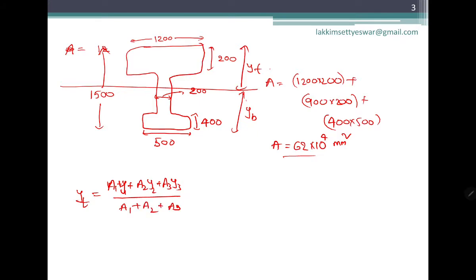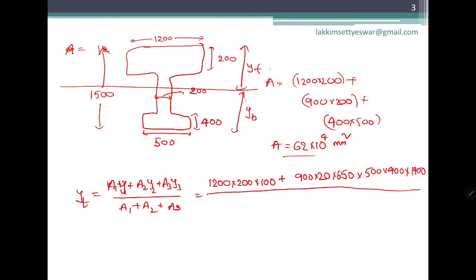We are calculating the centroidal distance from the top. So area of the first rectangle 1200 into 200 into 100, plus 900 into 200, the web area, into 650, plus 500 into 400 into 1400. y1, y2, y3 are the distances between the reference axis and the individual centroids.